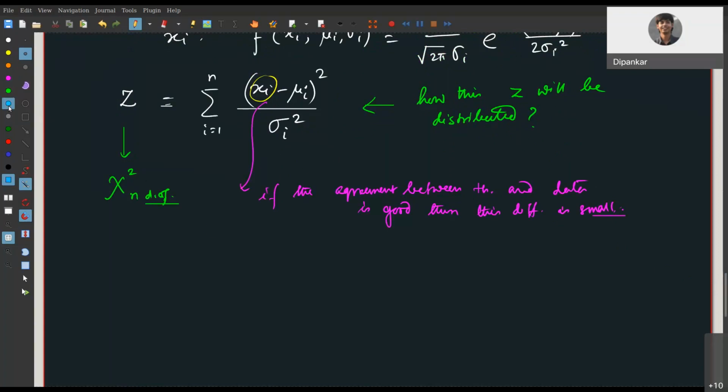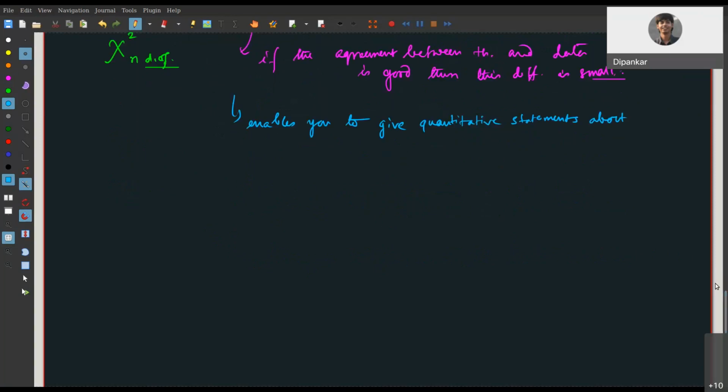This chi-square distribution enables you to give quantitative statements about the extent of agreement between theory and data.